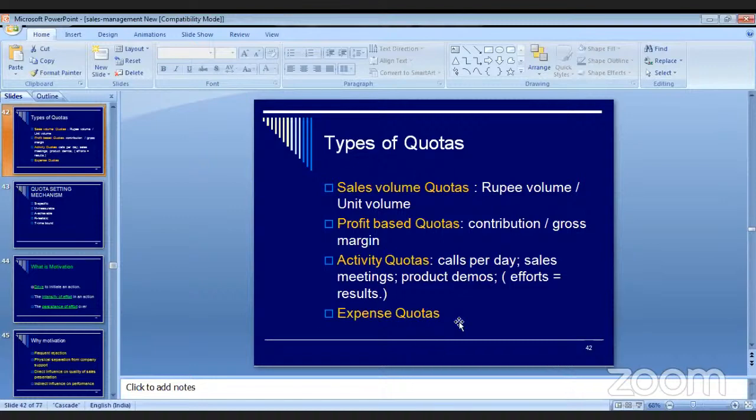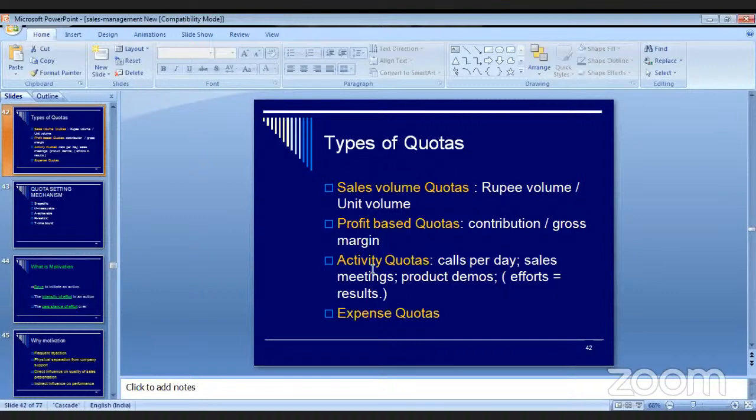A quota is fixed: you will do this much advertisement, this much promotion. These are very important factors. You have to spend this much amount and sell the product accordingly. For expenses, a target is given.